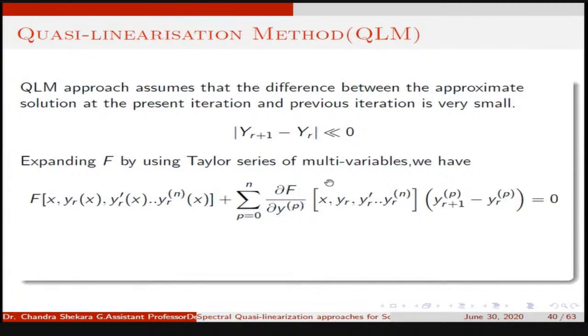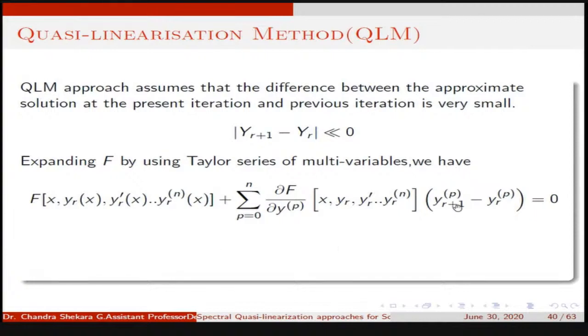This is the derivative of that nonlinear operator with respect to y_p. This is also known at Y r. So the only unknown term is Y r plus 1, p minus Y r, p. Here p represents the derivative order. So Y r plus 1, p is the unknown and all the other terms are known.